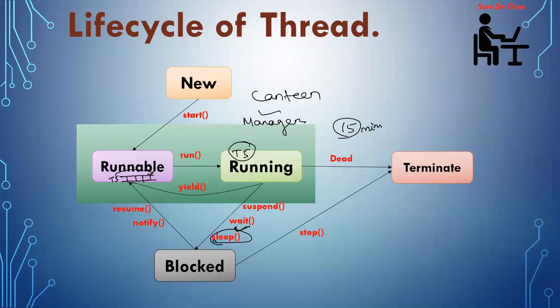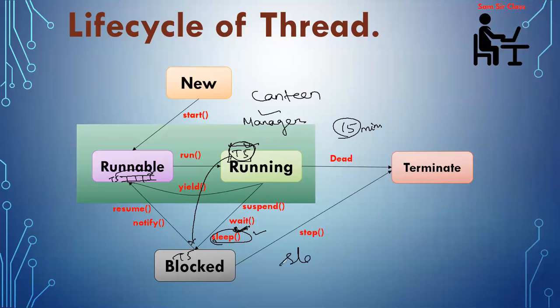That means they are calling the sleep method to forcefully block a particular currently running thread due to some reason, and it will come to the block state. So the sleep method is called to forcefully make the thread idle, to make it not running, and it will come to the block state for some amount of time.